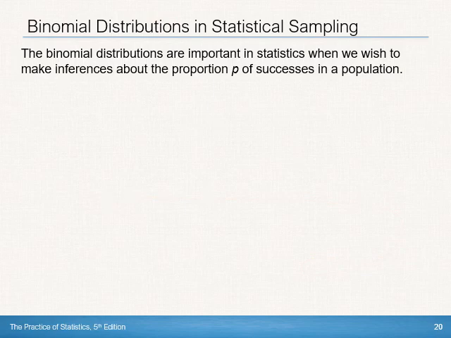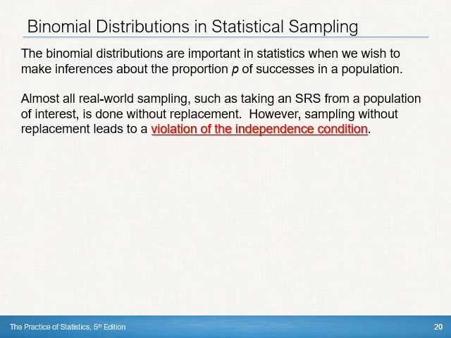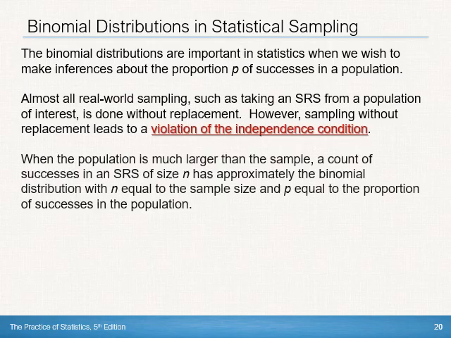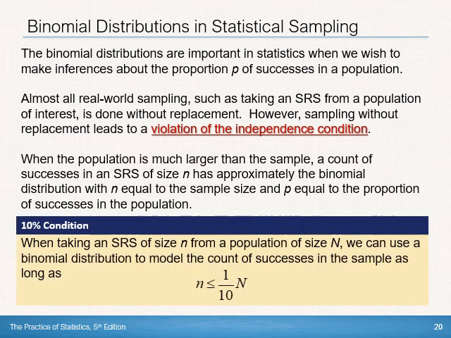All right, the binomial distributions are important in statistics when we wish to make inference about a proportion P of successes in a population. All right, so we talk about here the violation of the independence condition, and that's kind of what we were just talking about, okay? So this all boils down to the fact that we cannot be sampling more than 10% of our population.